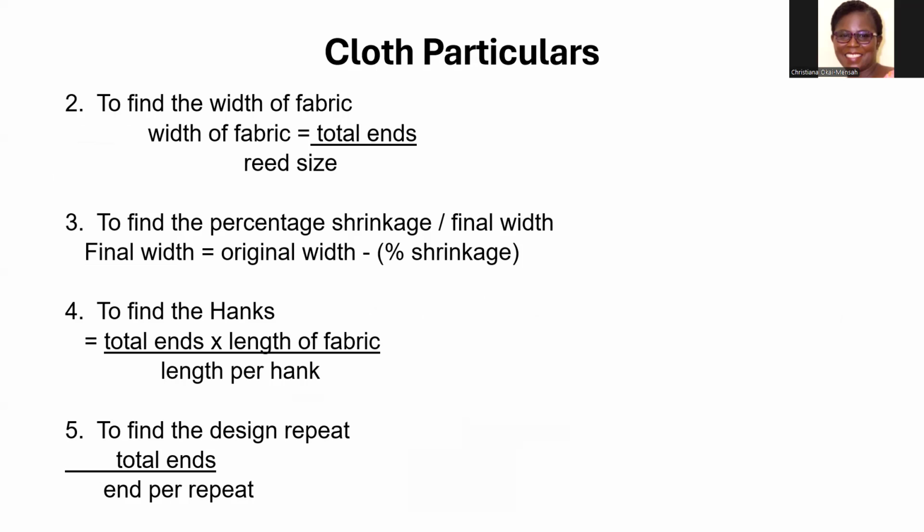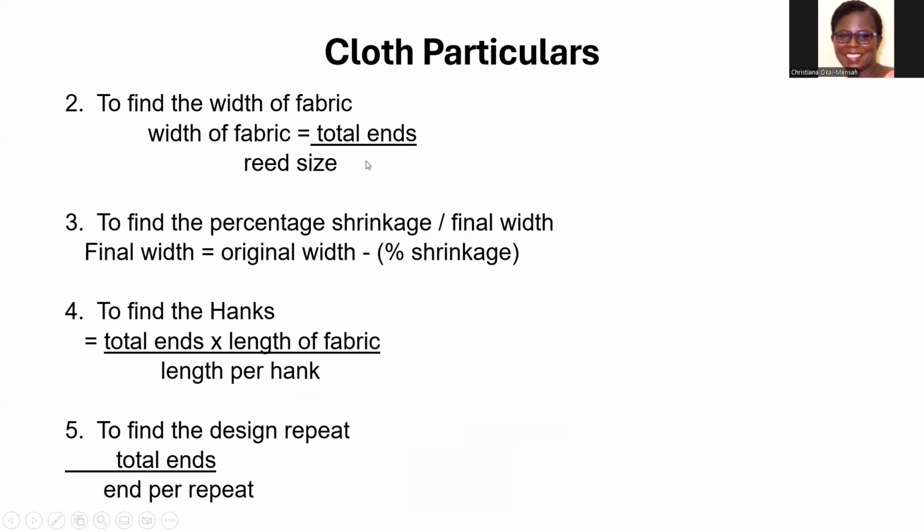Now, what if you don't know the width and the reed is given to you? How do you go about it? Here, I've given you the formulas. To find the width of the fabric, width of fabric equals total ends divided by the reed size. So they will give you the total ends and the reed size.